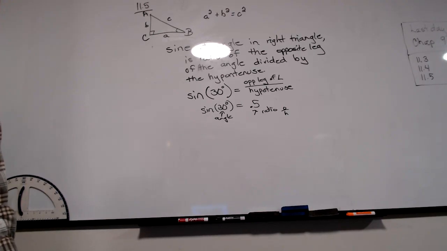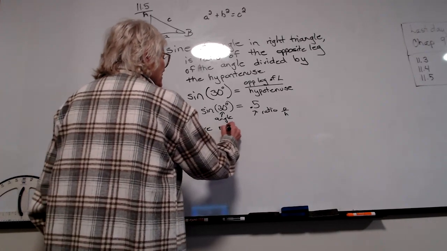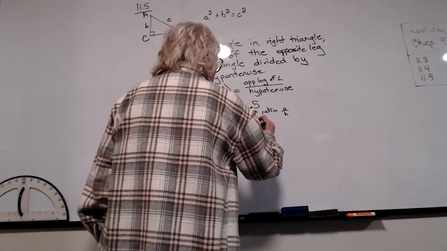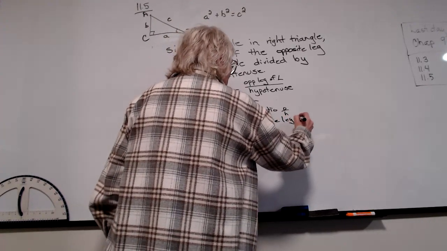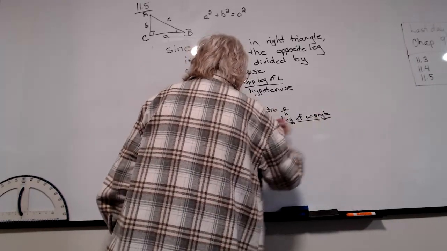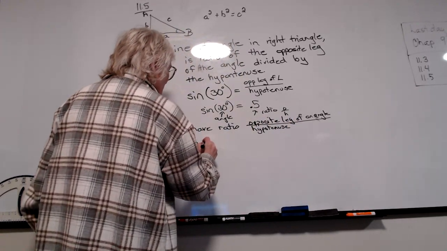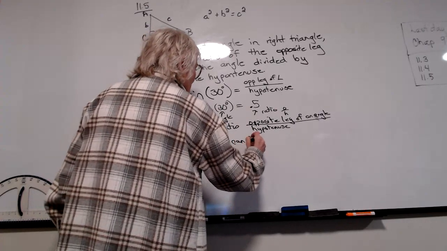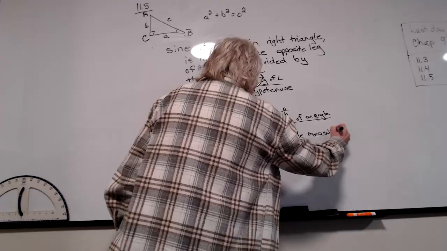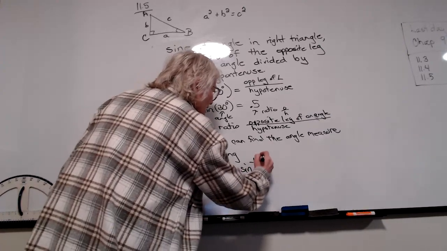Very similarly, it has an inverse one. If you have the ratio O over H, the opposite leg of an angle over the hypotenuse, then you can find the angle measure by using sin^-1 of the ratio.